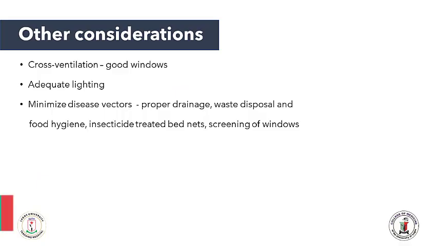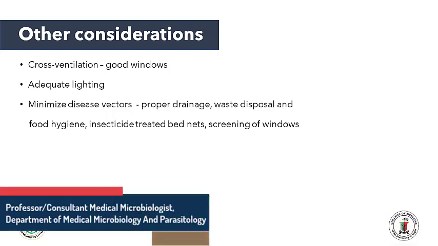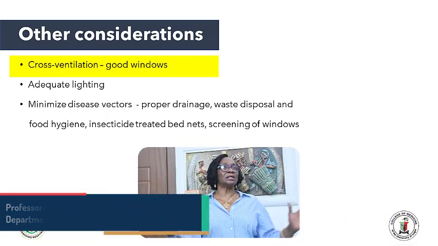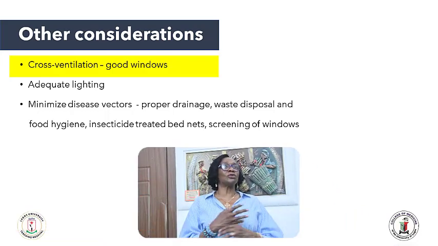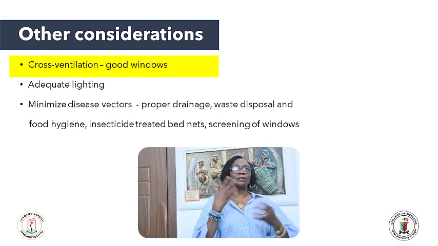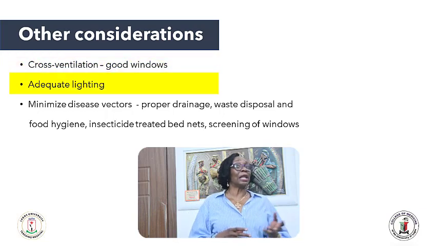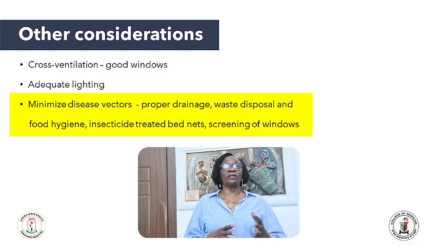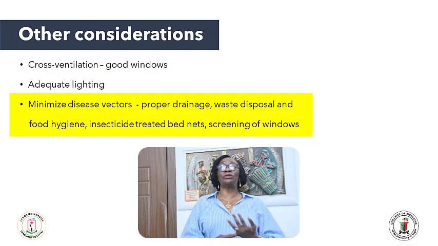Other considerations for the environment are ventilation, ventilation, ventilation. You need lots of air to dilute any infected aerosols. You need good lighting so that you can see what you're doing. You minimize disease vectors, so you must have proper drainage around the place.